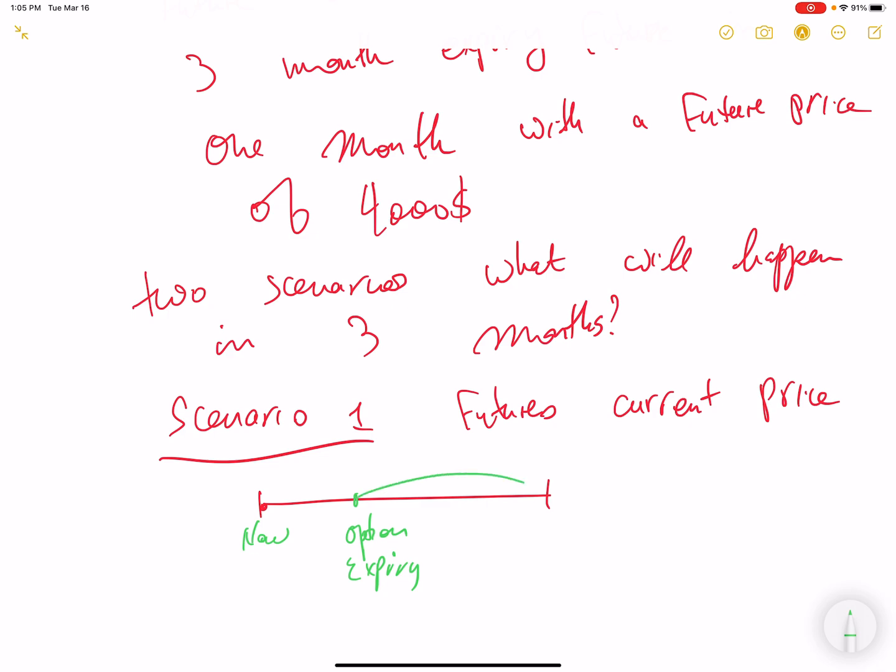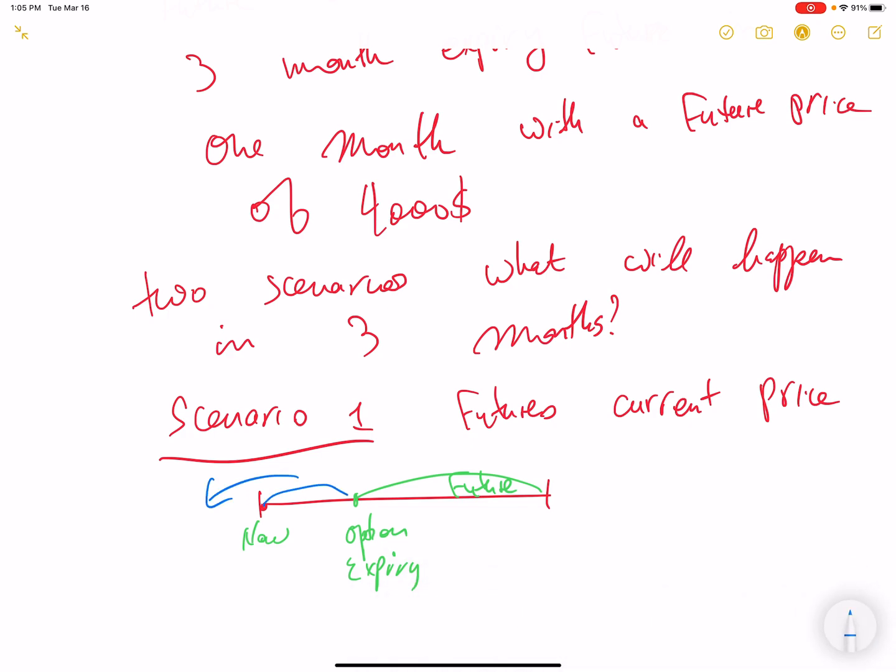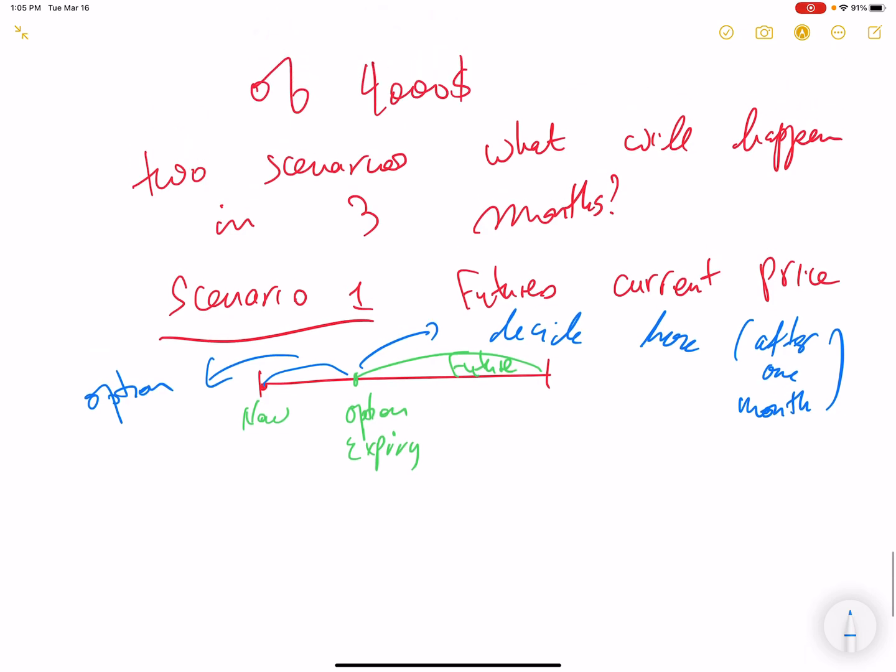And here is the future. So here we have the option, and here you have the future. So you need to decide here, after 1 month. So in this case, how does it work?